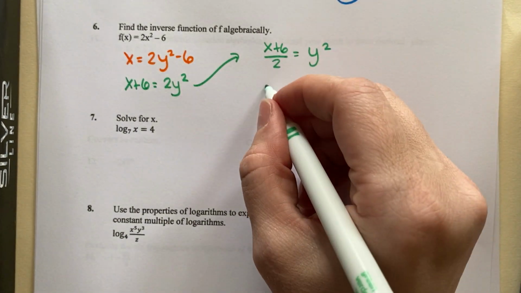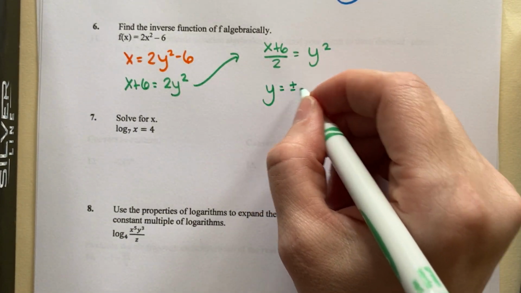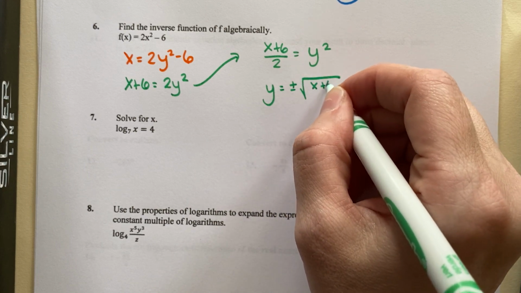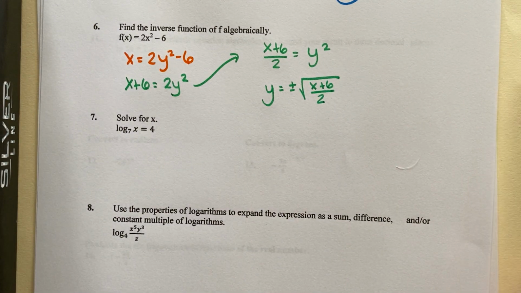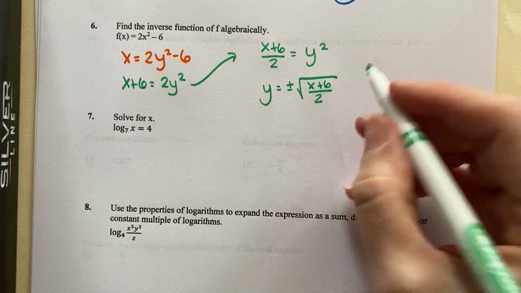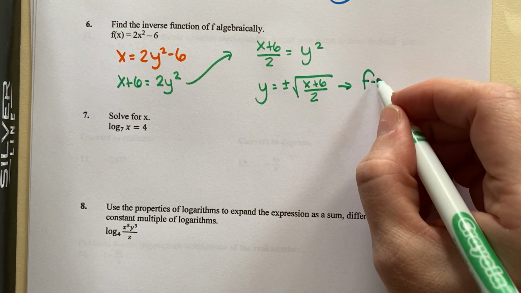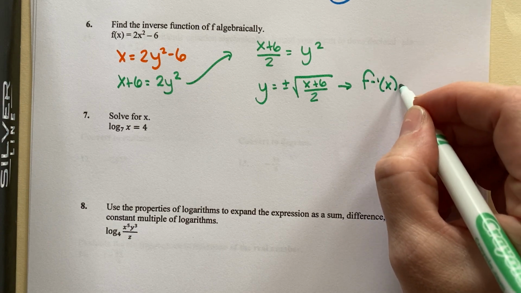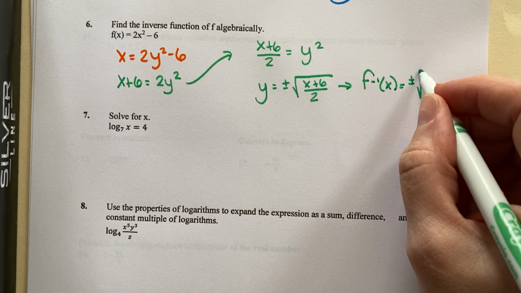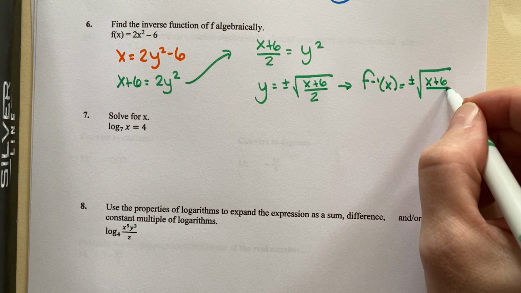Then I'm going to take a square root, and when I take a square root, I need a plus or minus out in front. Now, one thing we want to remember, though, is we want to write this as an inverse. So that little symbol, the -1, f inverse of x equals plus or minus the square root of x plus 6 over 2.